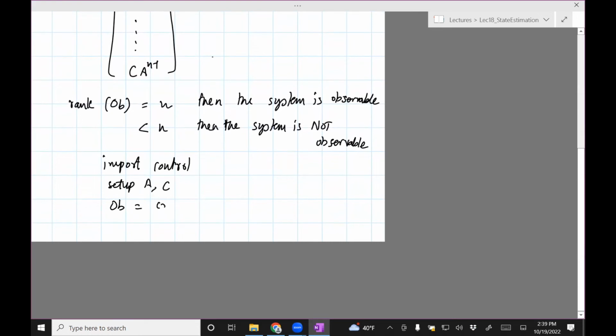It is available in the control library by saying control.obsv, and then you provide it with A and C. And then to check the rank, you go to NumPy and use linalg.matrix_rank. Okay, and then that will give you the observability. So you want to do this test before you do any sensor or state estimation, because if it's not observable, then you'll just be wasting your time trying to observe the system.